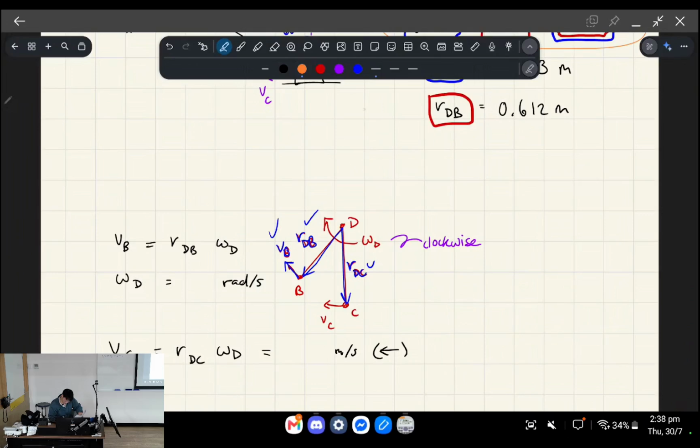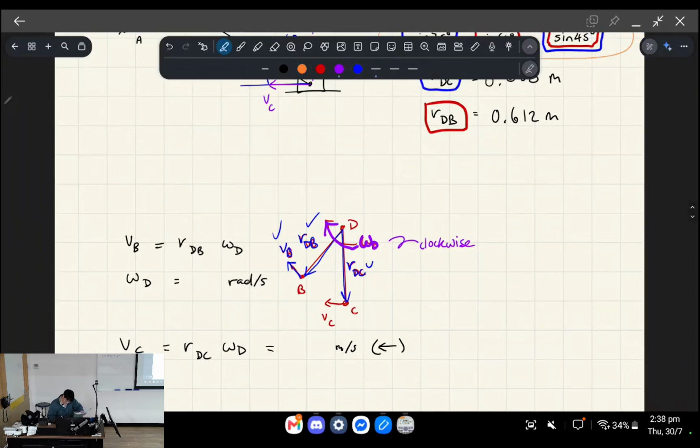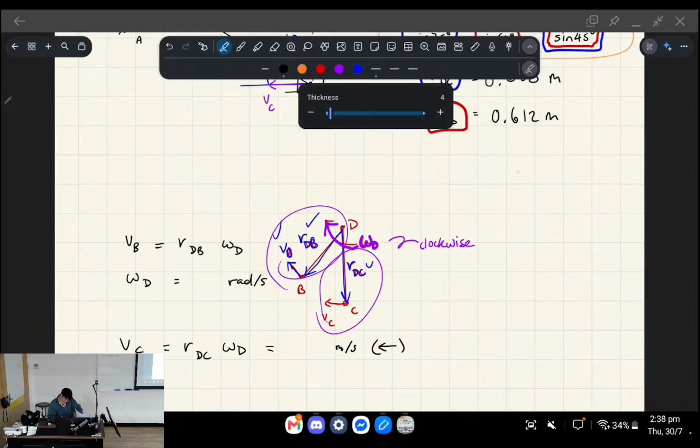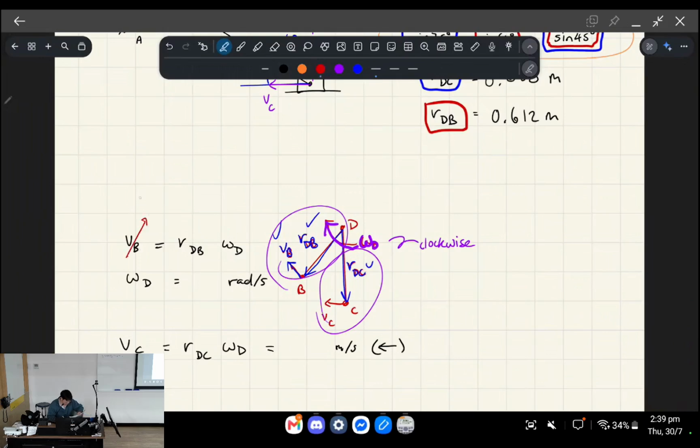What we need to do now is solve for omega D, okay? Because this is going to stay consistent for these two as well as these two, okay? So if we figure out omega D through rearranging this equation, because we know what VB is, it's 1.2, and we know what DB is, it's 0.612.